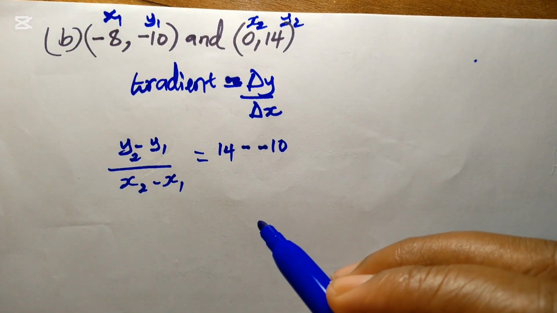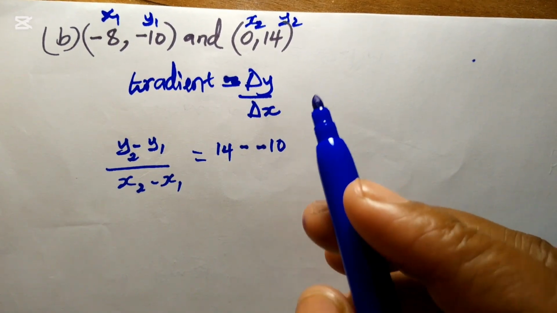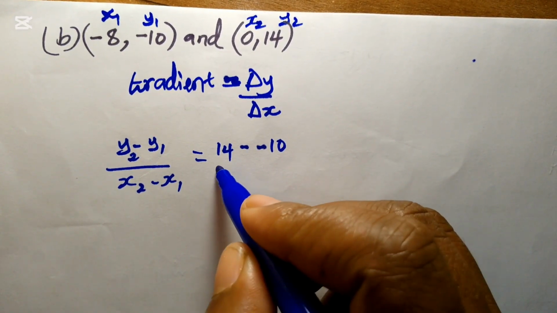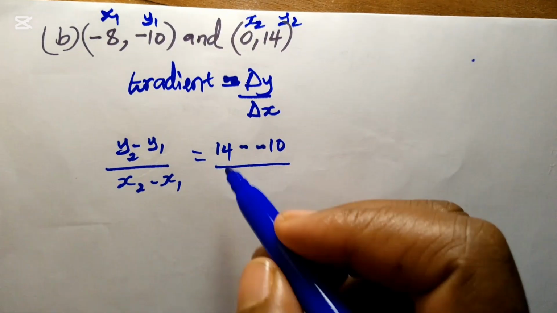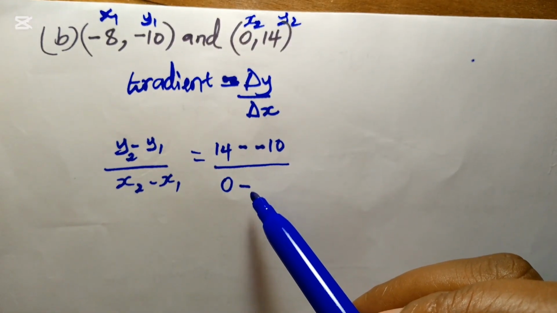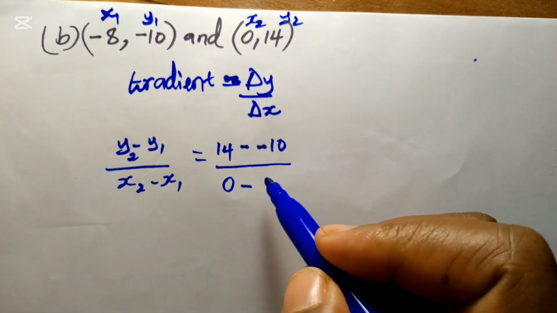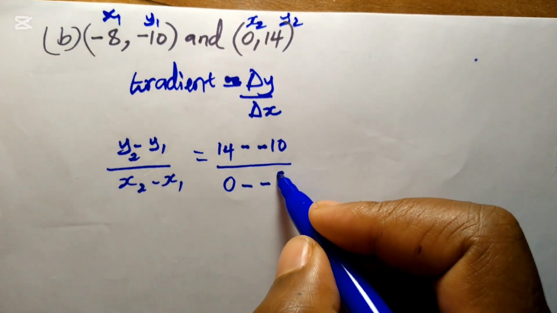10. Look at that. The reason why I have chosen this question is because of the signs. Over x2, which is 0, minus. This minus is for the change in, then the next minus is the negative just before the number.